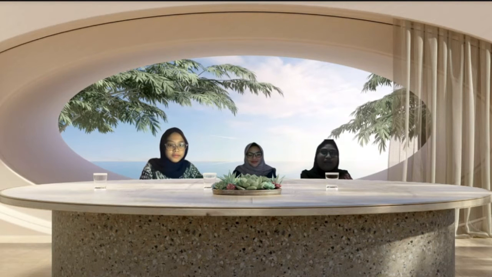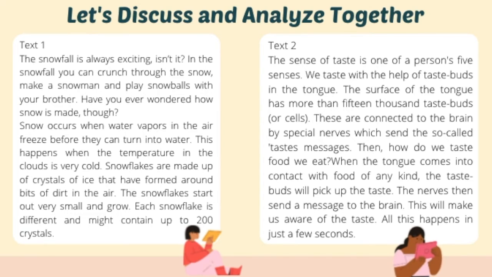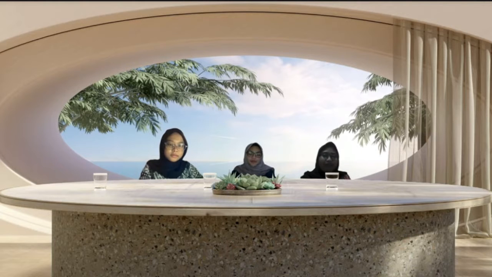Okay, before I explain what explanation text is, we can see the text on the screen. Text 1 and text 2 have something in common, both of which explain how and why something happens. Text 1 tells about how snow can occur, while text 2 tells about how our tongue can taste food.